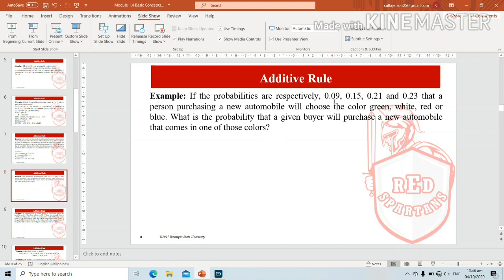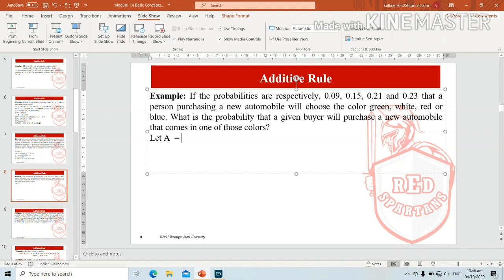So, ibig sabihin, kahit saan dito sa mga kulay na to, pwedeng green, white, red, or blue. Gagawin lang natin, let A, for example, for color green, then B for white, C for red, and D for blue.